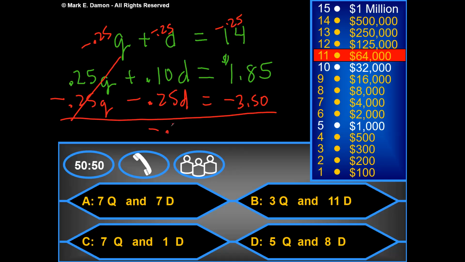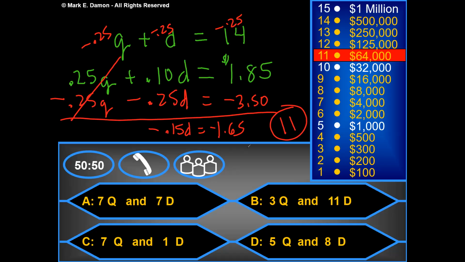So I've got negative 0.15 dimes equals 1.85 minus 3.5, which is negative 1.65. Divide that by 0.15. I get 11 dimes, see?